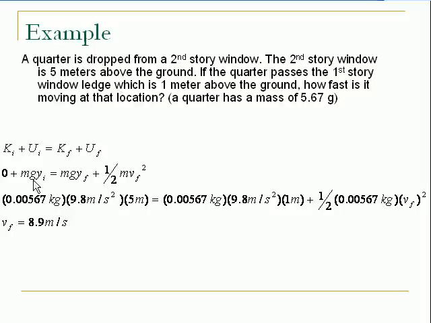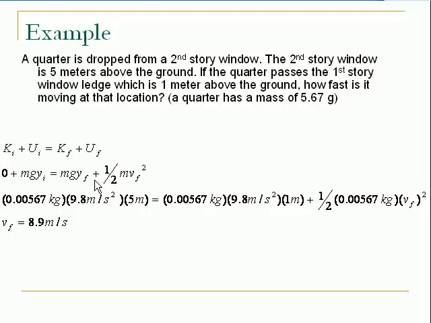Now if I fill in the information, we've got the mass, which I convert into kilograms, we have the acceleration due to gravity, and we have the initial height of 5 meters. We're currently saying that the ground is 0 gravitational potential energy. That's the reference line I've chosen for this situation.